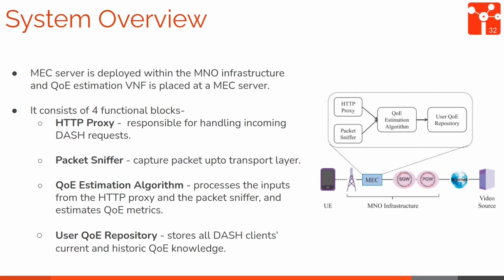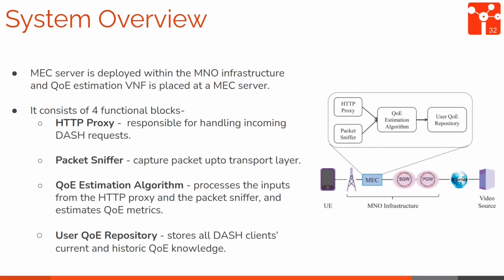The first block is the HTTP proxy, which is responsible for handling incoming DASH requests. Their proposed scheme supports both forward and reverse proxy when the DASH session is unencrypted, and if the session is encrypted, the scheme will only work with the reverse proxy to decrypt the TLS connections.